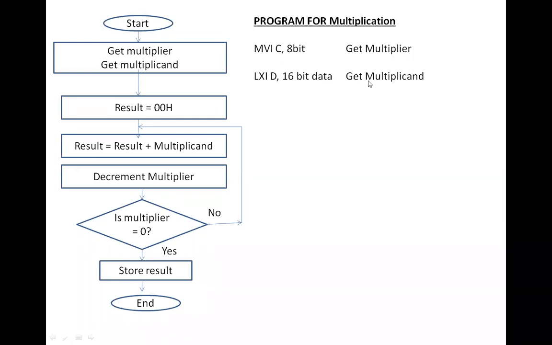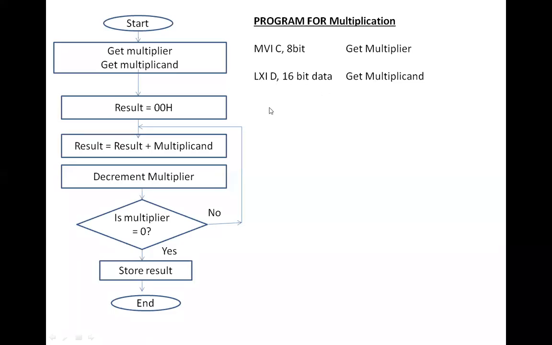Since we want to represent the multiplicand in 16-bit form, we will represent it by 0006. So 0006 will be stored in the DE pair register. When we say DE pair register and we store a 16-bit number, suppose 0006, what will happen?